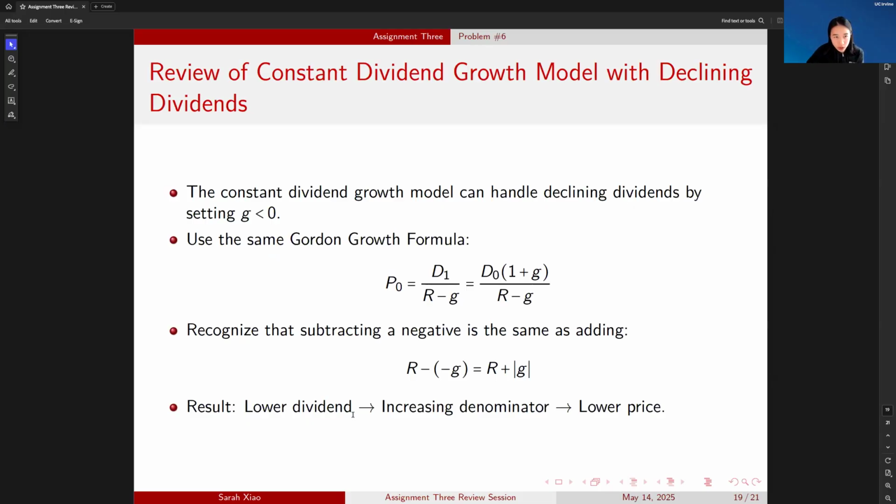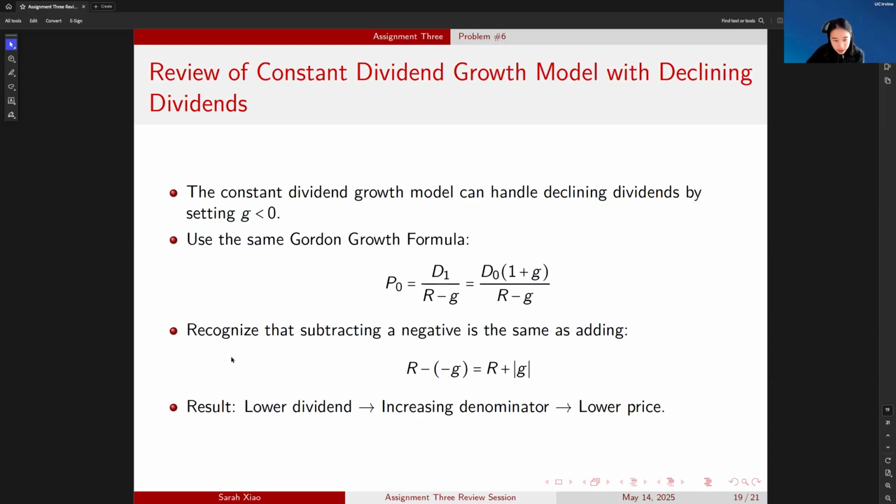So before solving the question, I want to review the constant dividend growth model with declining dividends. We know that the constant dividend growth model can handle declining dividends by just setting G less than 0. We could use the same Gordon growth formula, which is the same as we used for the previous questions.